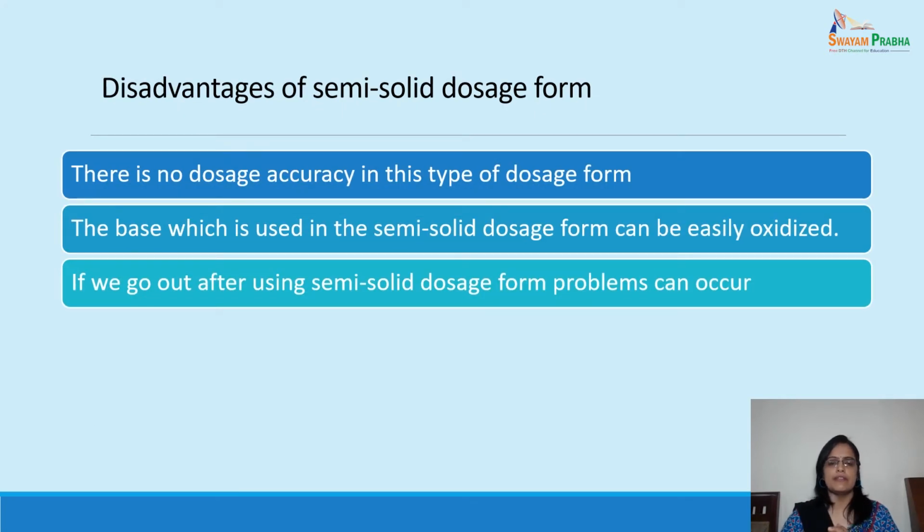Now moving to disadvantages. A disadvantage of semi-solid dosage forms is that there is no dose accuracy in this type of dosage form, because unlike a tablet or capsule, where you take a specific amount and decide the frequency of administration, with an ointment or cream you simply apply a little amount to the affected area.